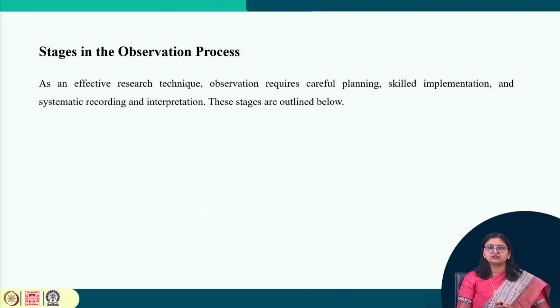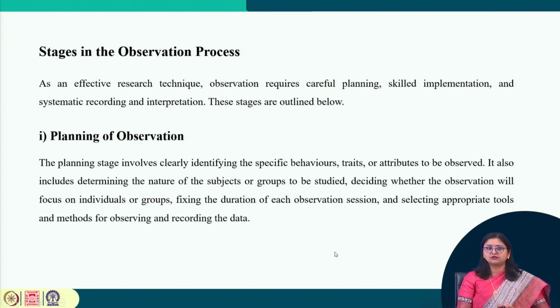As an effective research technique, observation requires careful planning, skilled implementation and systematic recording and interpretation. These stages are outlined like first, initially, planning of observation.